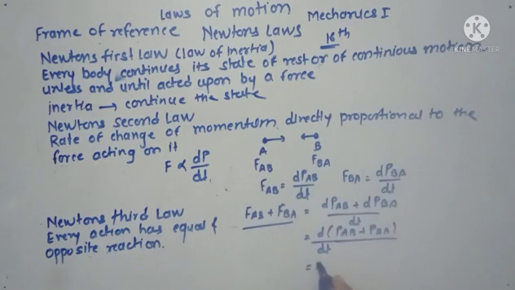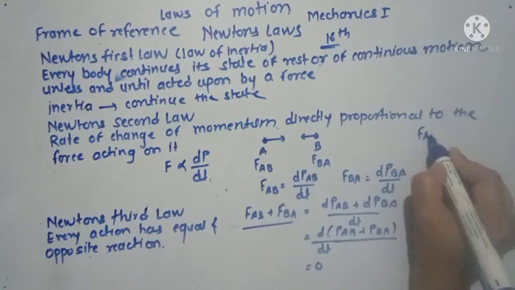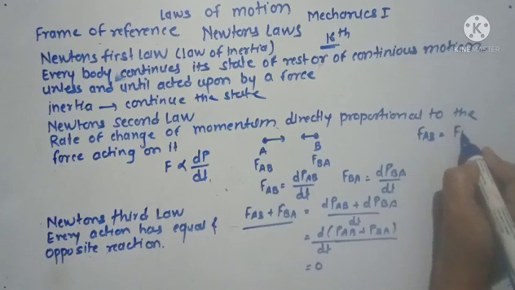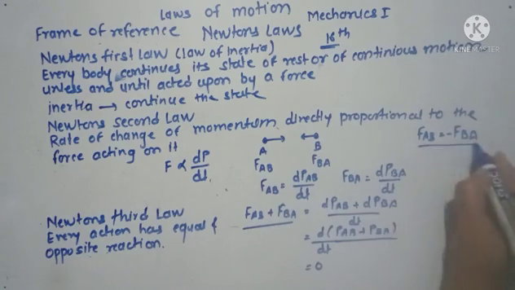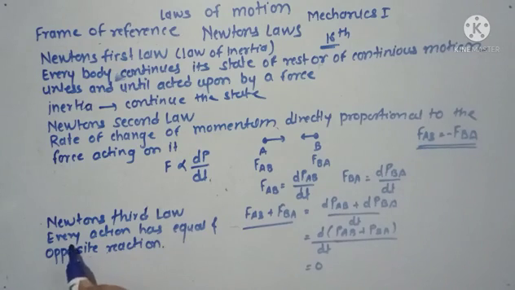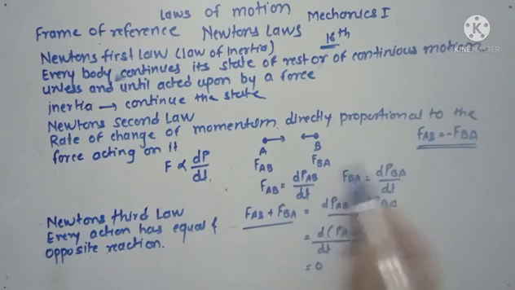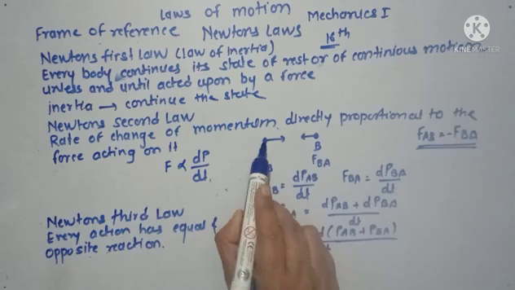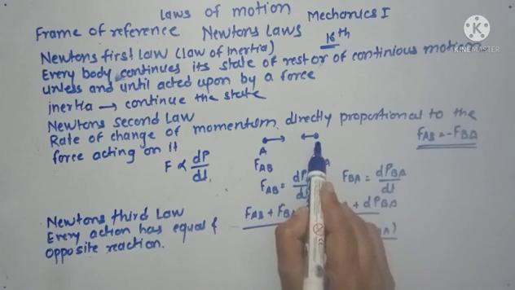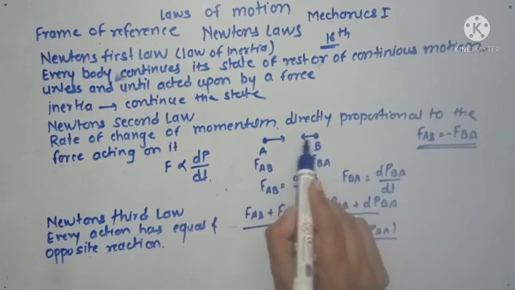Therefore I can write F_AB = -F_BA, which proves that every action has equal and opposite reaction. So the force applied by particle A is exactly equal and opposite to the force applied by particle B.